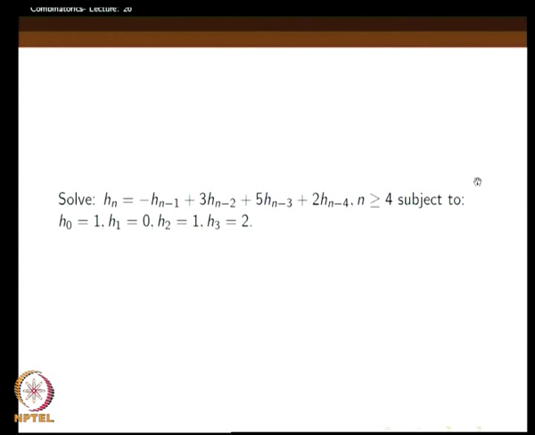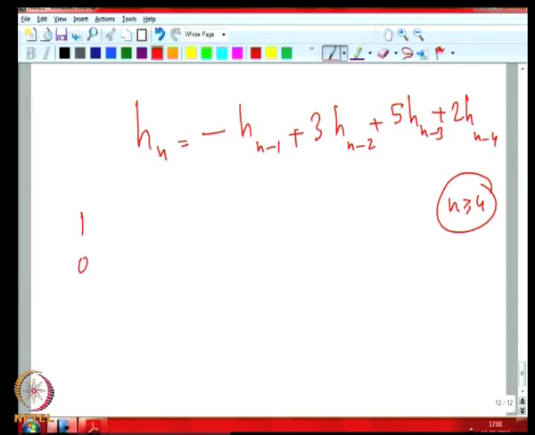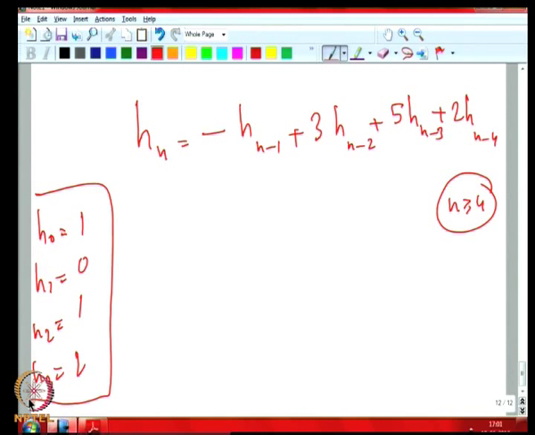And we have some initial conditions 1, 0, 1, 2 for H0, H1, H2, H3. The first 4 values have to be given, and for n greater than or equal to 4 onwards, this recurrence relation will work.